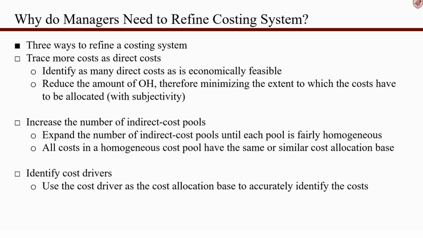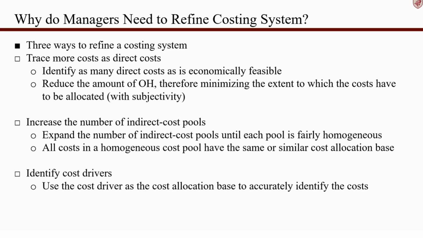Third is, try to use the cost driver as the cost allocation base. So I've said that cost driver is not necessarily equivalent to the cost allocation base. Cost allocation base itself is a more subjective term, where the managers can subjectively choose the factor based upon which they can allocate the manufacturing overheads.